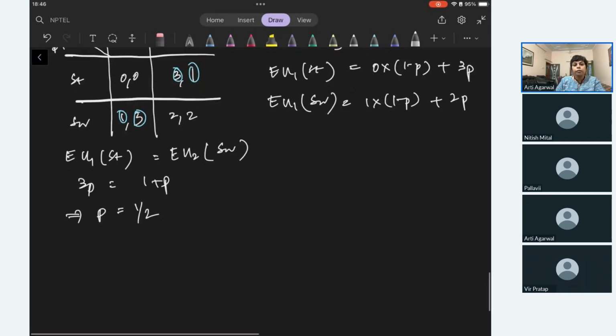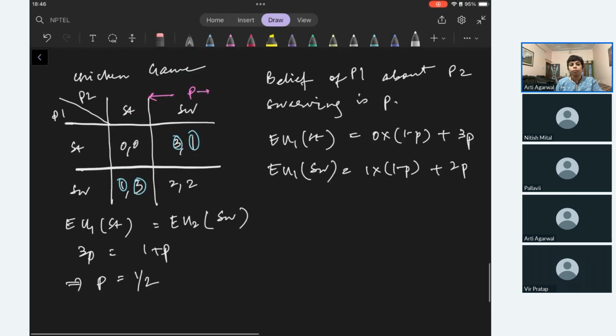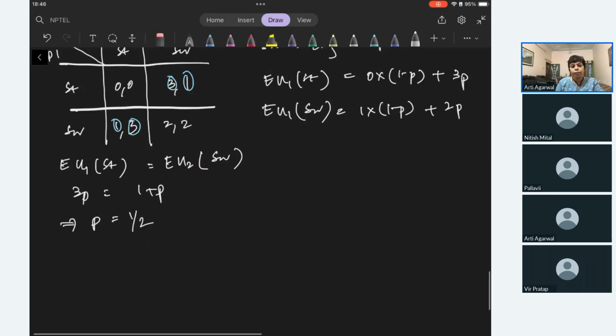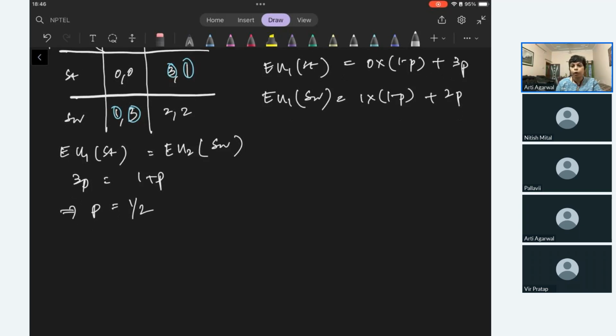Okay, this is fairly simple. So what happens is that when the probability of the other guy choosing swerve is like half, there's a half chance that he may choose swerve or straight, then I'm just going to randomly choose to swerve or to go straight.